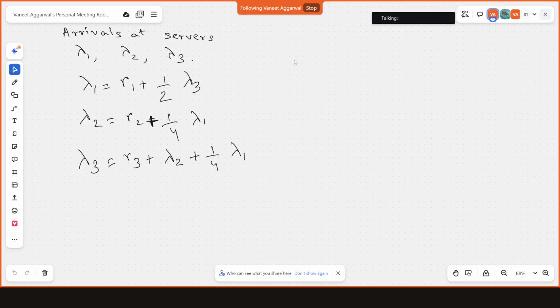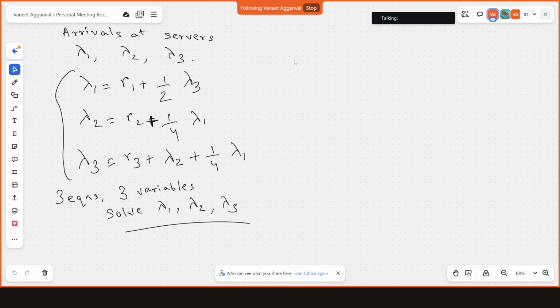Is that clear? So three equations, three variables. Solve for lambda 1, lambda 2, lambda 3. Does the methodology make sense?